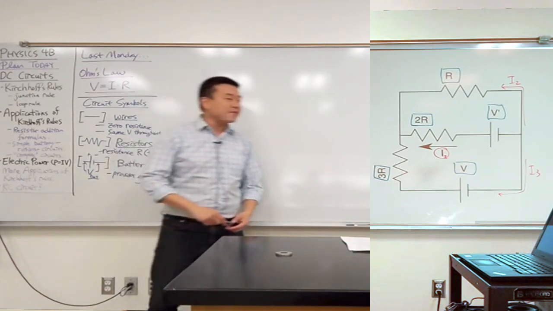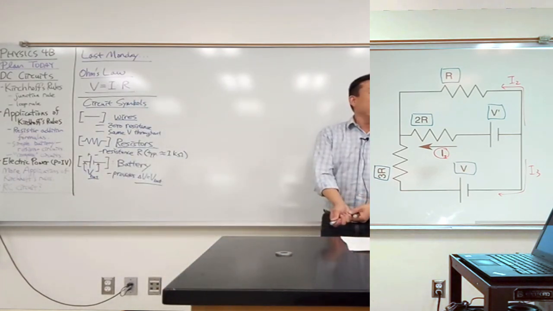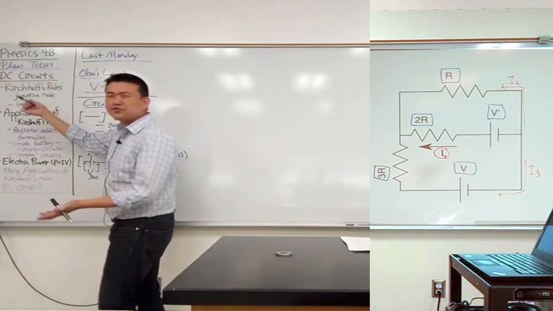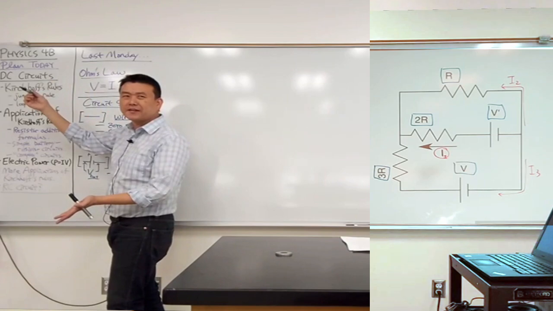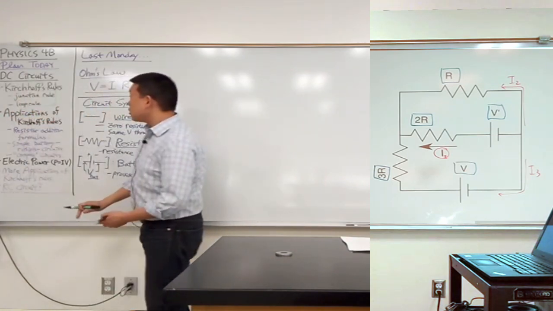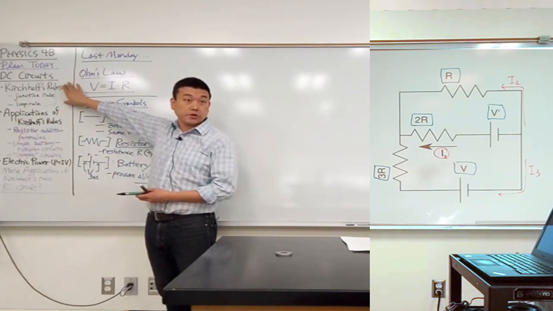Whatever. I'll try to say it right. It's a German name, I don't have to pronounce it right. However you pronounce this name, I usually say Kirchhoff, but I don't think that's right. Whatever. Kirchhoff's rules.